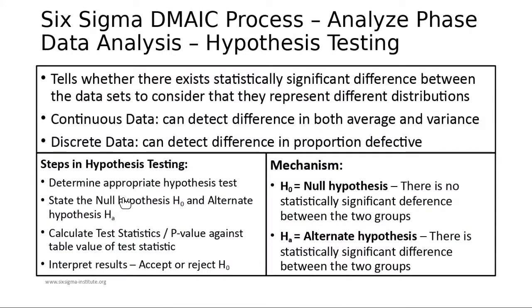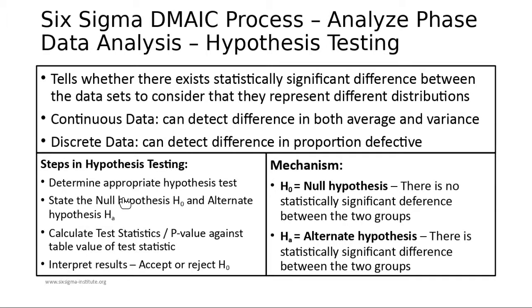Okay, another tool used in the analyze phase is the hypothesis test. I believe the hypothesis test is covered in statistics as well as in design of experiments. It is a very common statistical tool to find the difference between data, to consider whether they represent different distributions, or whether they have the same average or different average, the same variation or different variation.